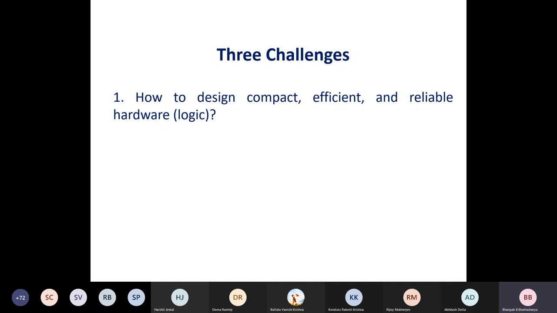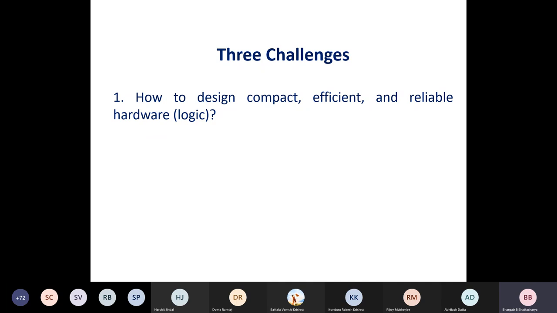It has to be compact because nowadays we are talking about millions and billions of transistors, so that it takes a very small area on the silicon chip. It has to be reliable so that you can guarantee its functionality even after manufacturing and also during operation in the field. And it must be efficient.